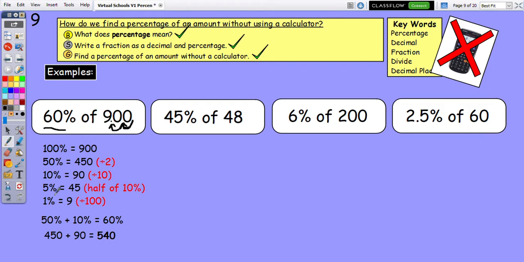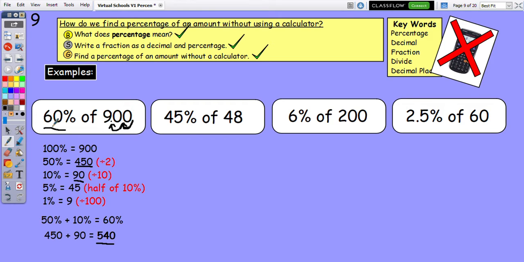Okay? So I could, if I wanted, take my 10% and multiply that by 6. In this case, I've just added 50% and 10%, because 50% plus 10% is 60%. 50% is 450, 10% is 90, and if I add those two quantities together, I get 540.